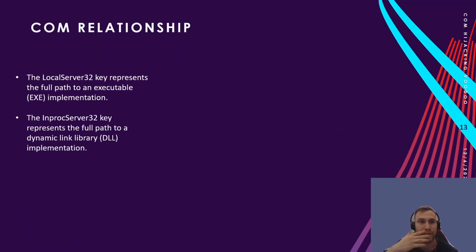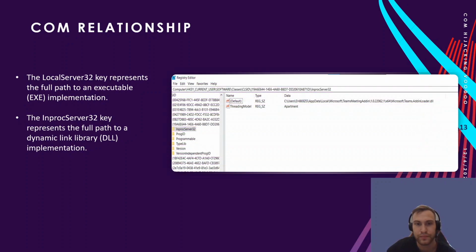Last but not least, about COM relationships, the LocalServer32 key represents the full path to an executable implementation. The InprocServer32 key represents the full path to a dynamic link library implementation. This is an example of a class ID, probably in your system again.